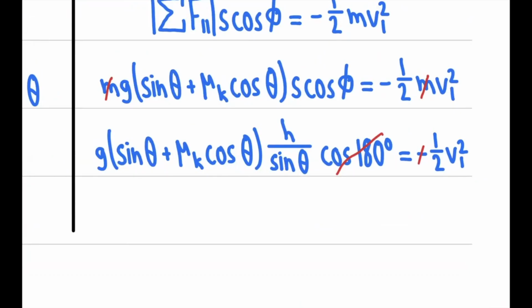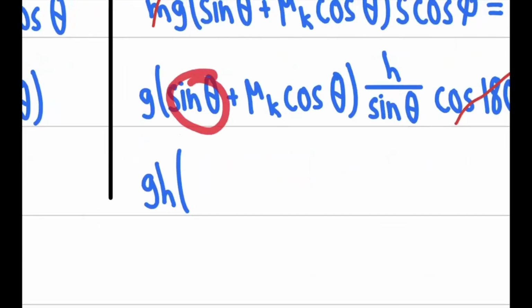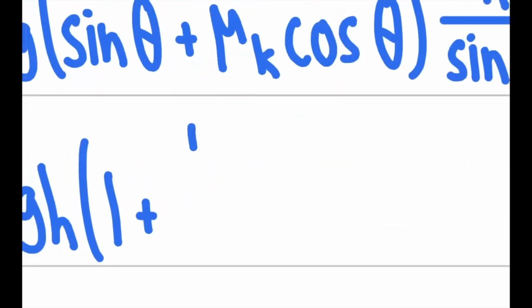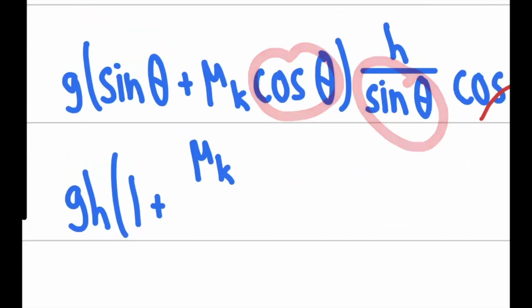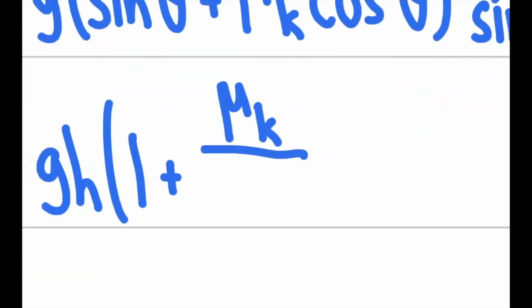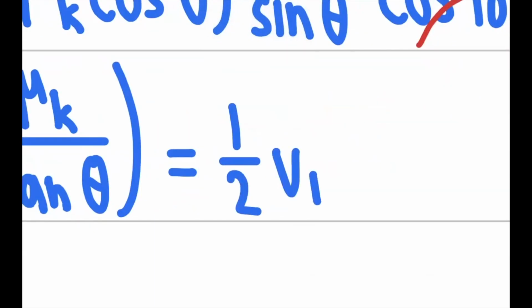And I'm going to distribute this 1 over sine because I can cancel it out with this sine here. So I'm going to do g times h. And when I distribute the 1 over sine, you get sine over sine here. So that's 1 plus mu k cosine theta over sine theta, which is cotangent theta. But I'm going to write that as 1 over tangent theta. And this equals 1 half v1 squared.